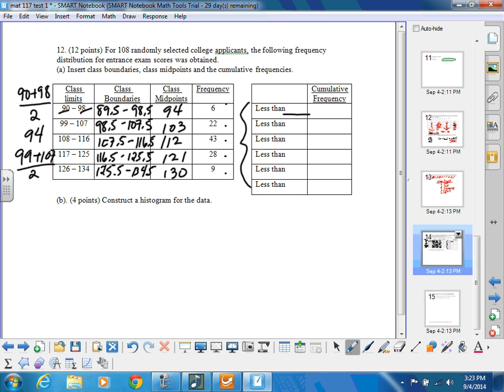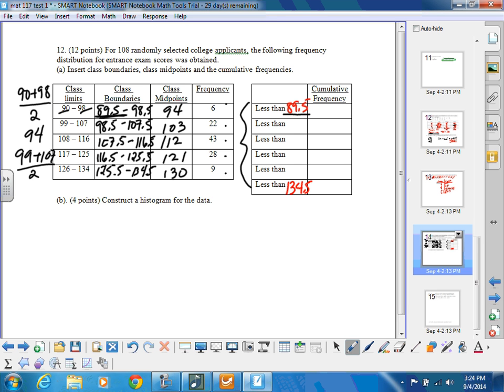Because the very first one is always less than your lowest boundary, you see where I'm underlining over here? So my first one's going to be 89.5. Now I'm going to write my other boundaries. I should end with the highest one, the 134.5.